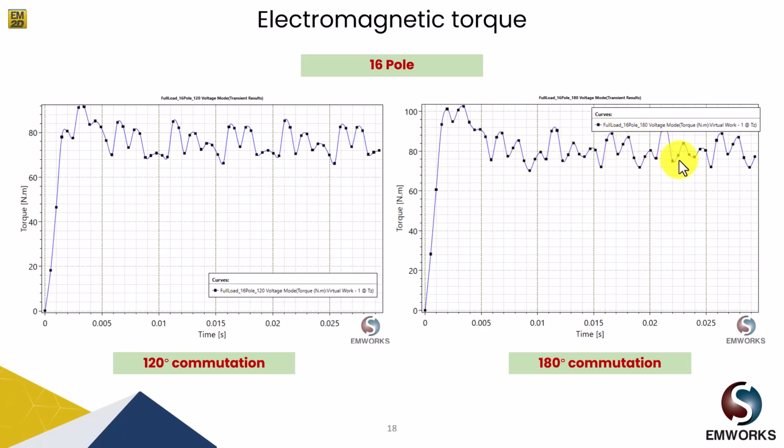If you go with a current excitation you might get a stable torque with commutation ripple at each commutation. But since we have tested the performance of our motor using voltage driven coils, we get such a torque ripple, which can be reduced if we skew either the rotor or stator cores. For this analysis we haven't skewed any part of the motor, and therefore we get such type of electromagnetic torque result.